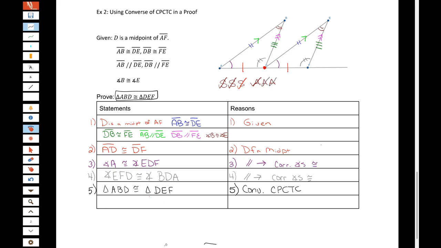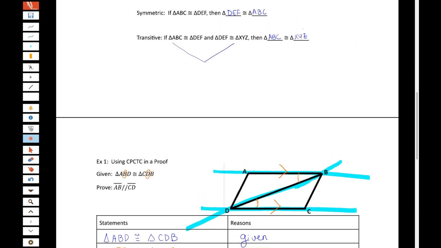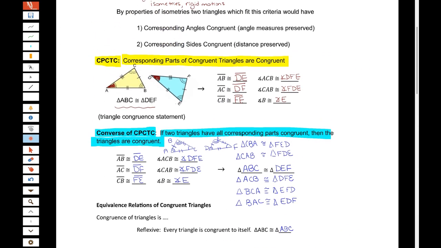Okay, so a couple other things I want to mention. You can number angles sometimes and use those instead of the 3-letter angle names. I'm fine with you doing that so long as you number them on your picture. And also another thing I want you to understand, we are going to use this rule CPCTC a whole lot this year.